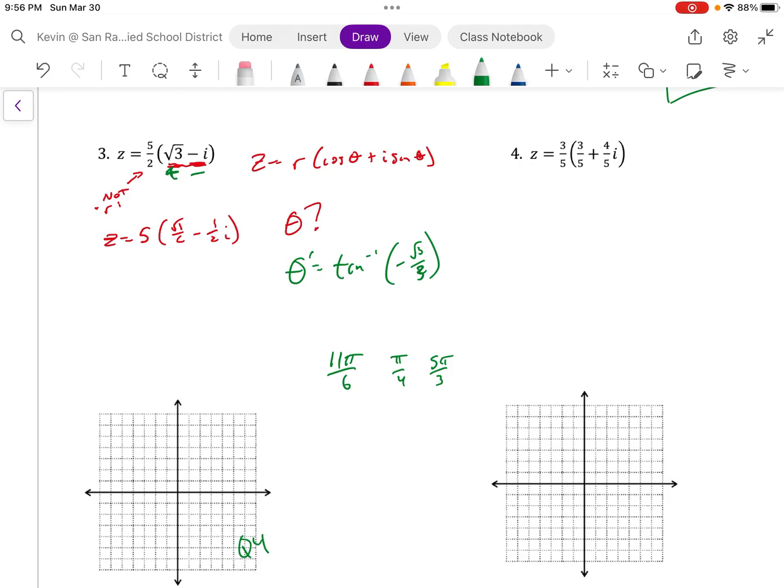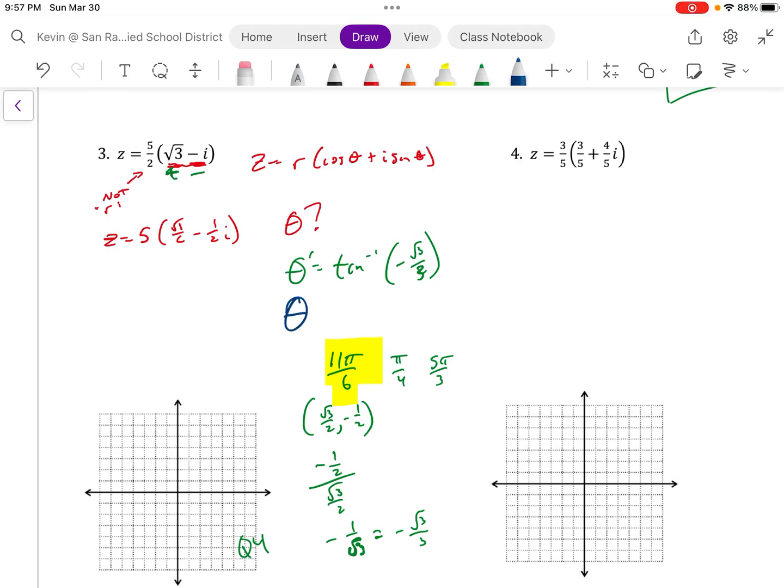It's one of those, right? So which ones have negative root 3 over 3 as their tangent? That would be this one here, because it is root 3 over 2 and negative 1/2. That would be negative 1/2 over root 3 over 2, which is negative 1 over root 3, which equals negative root 3 over 3. So this is our angle, 11 pi over 6.